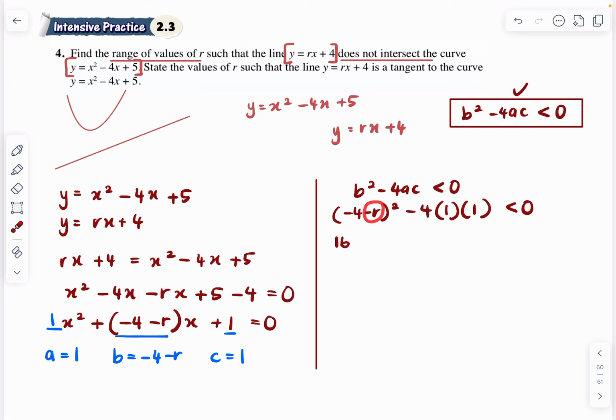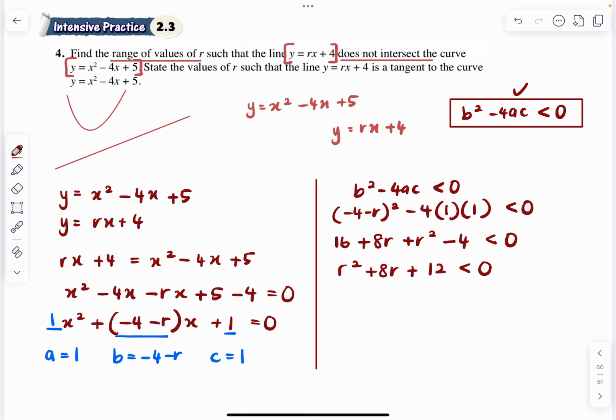Negative 8 times negative r, positive 8r. And then negative r squared will be plus r squared. And then 4 times 1 times 1 is 4, less than 0. So r squared plus 8r plus 12 less than 0. Okay, I did 16 minus 4.